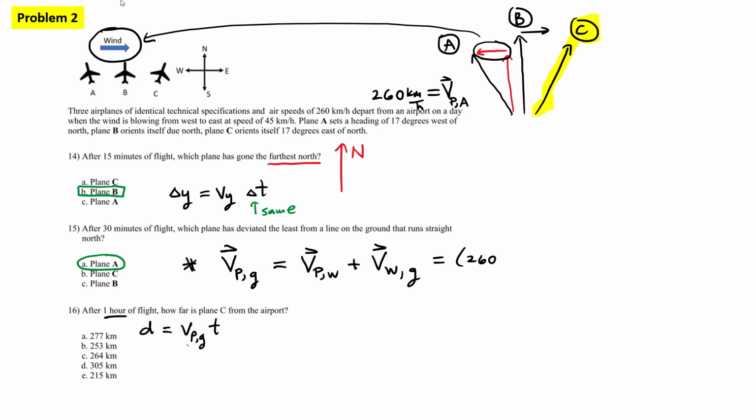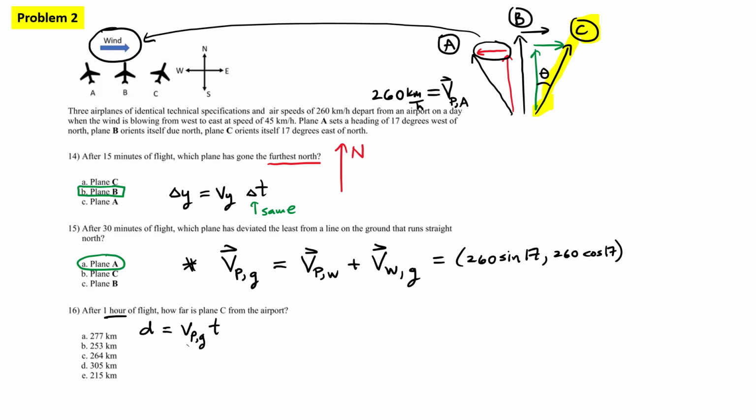However, it does have a vertical component and it does have a horizontal component. So let's write down that horizontal component here. This angle here is 17 degrees, just call it theta. So this here would be 260 sine of 17 degrees, okay? And what else? Its vertical component here would be 260 cosine of 17 degrees.